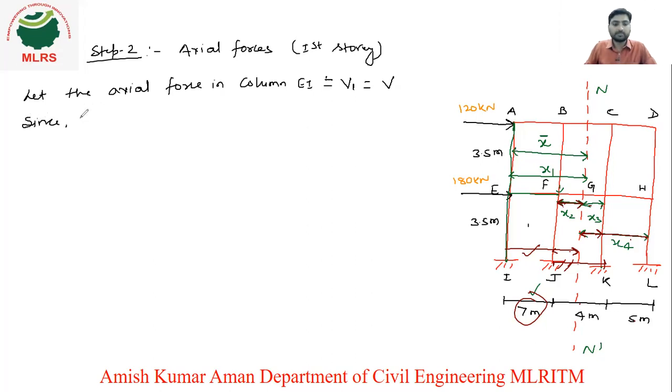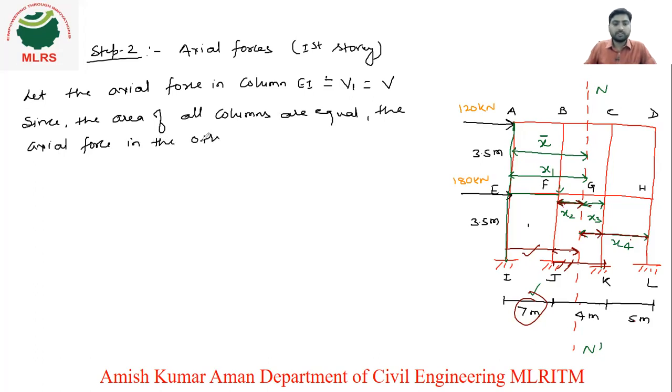Since the areas are equal, all columns are equal, the axial force in the other columns will be in proportion, according to the second assumption, right?